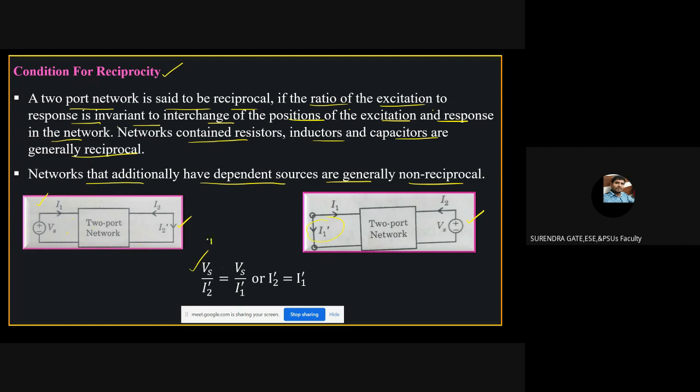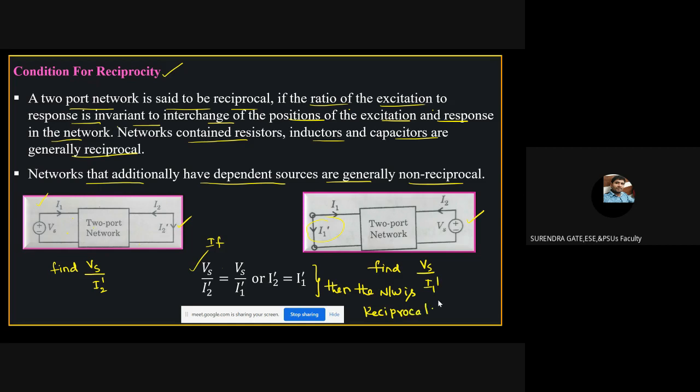In the first case, we find the Vs by I2 dash ratio. In this case, we find the Vs by I1 dash ratio. If Vs by I2 dash equals Vs by I1 dash, that is I2 dash equals I1 dash, then the network is reciprocal. If this condition is satisfied, then only the network is reciprocal.